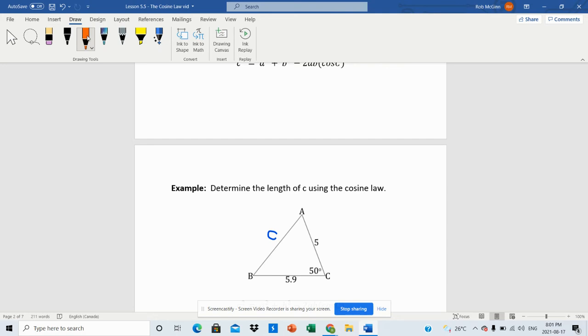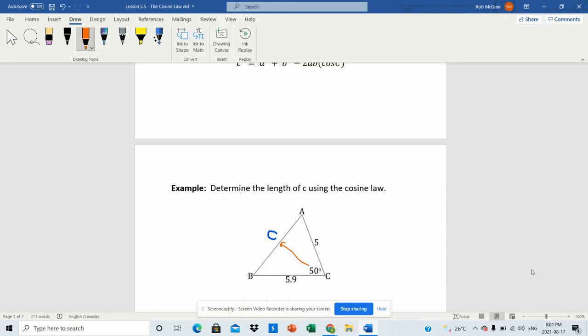We do not know an angle and the opposite side length. We know an angle and two side lengths, they're just not opposite each other, so the sine law does us no good. We need to use the cosine law. So remember, 50 degrees, that's angle C, so opposite it is side length C.